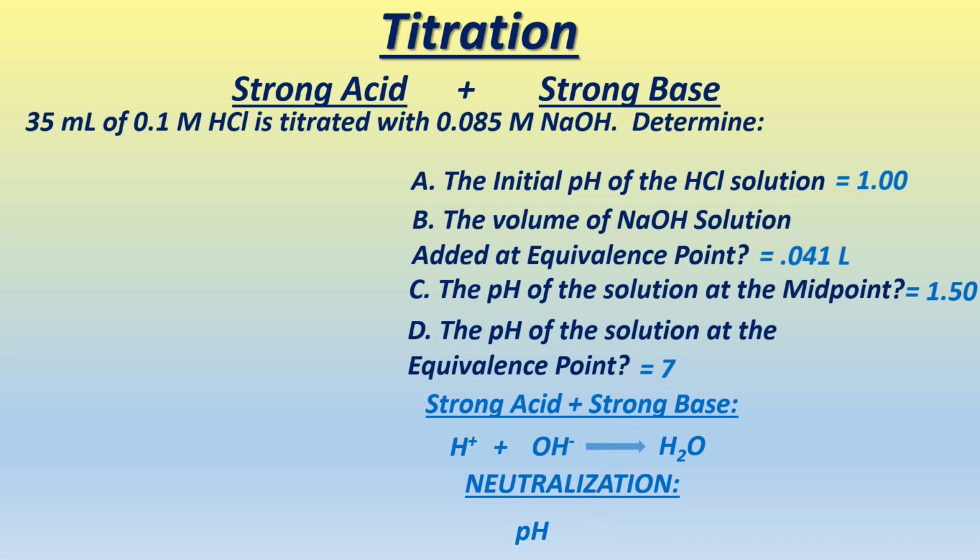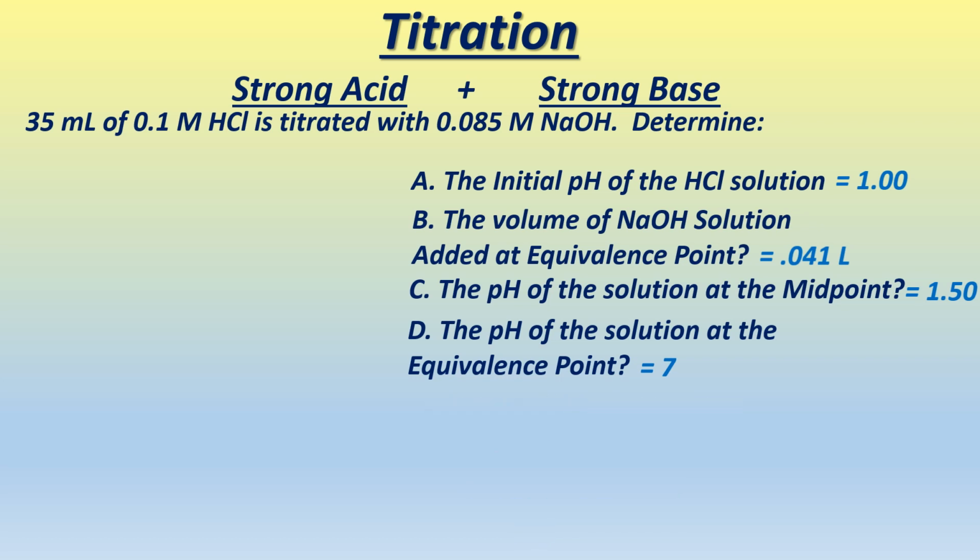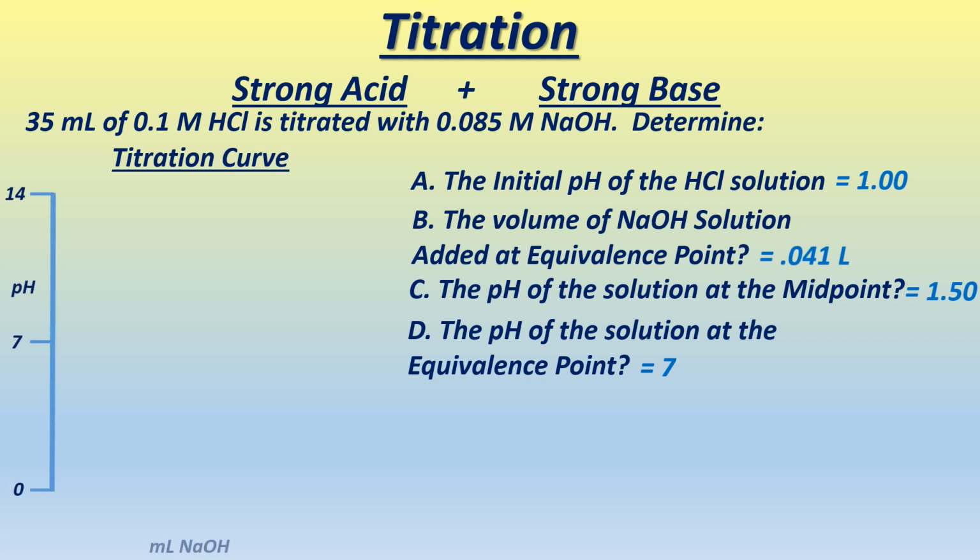Now, if one constructs a titration curve with this data, a titration curve where pH is on the y-axis and volume of base is on the x-axis, we now have 3 points. At no volume of sodium hydroxide, the initial pH is 1.